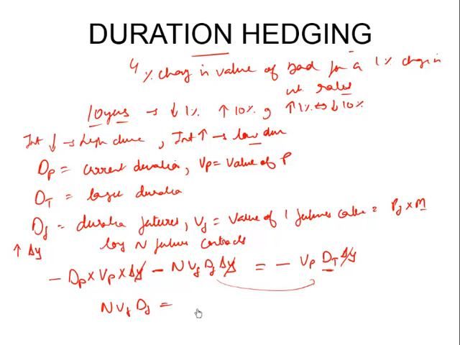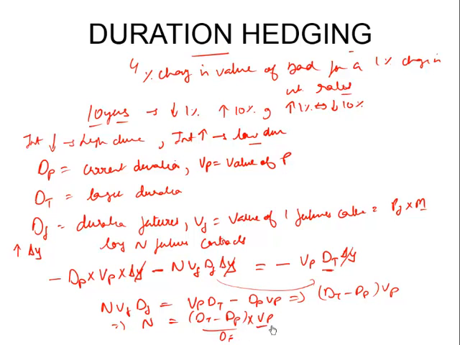will become equal to Vp into dt minus dp into Vp, or dt minus dp into Vp, or we can say that n will come out to be dt minus dp upon df into Vp upon Vf.